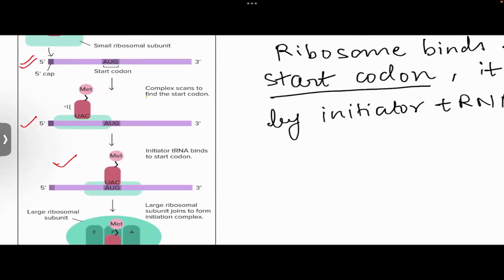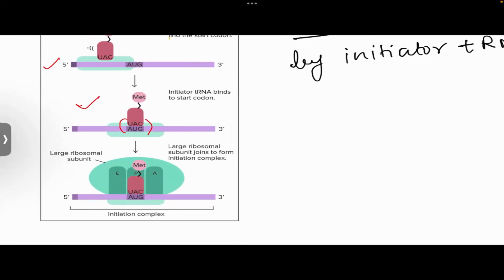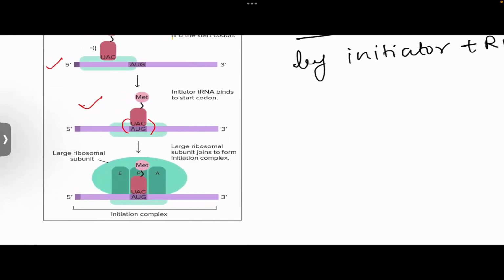Now the anticodon in the tRNA has bound with the start codon in the mRNA, and thus the initiation has begun, meaning the translation has begun, because the large ribosomal subunit is now here to bind to the small ribosomal unit, and in between is the mRNA molecule. So in this way, the initiation complex is formed.